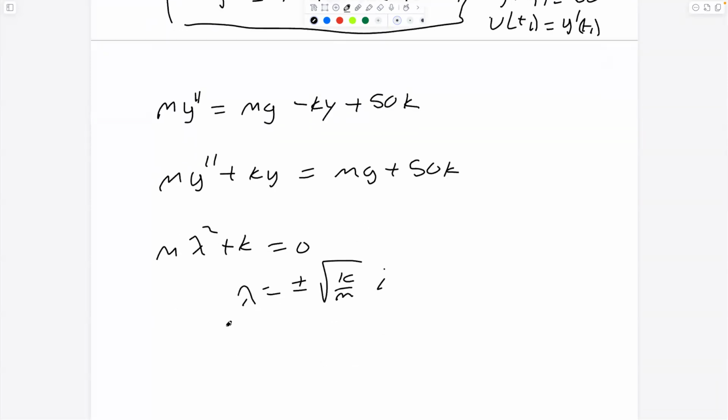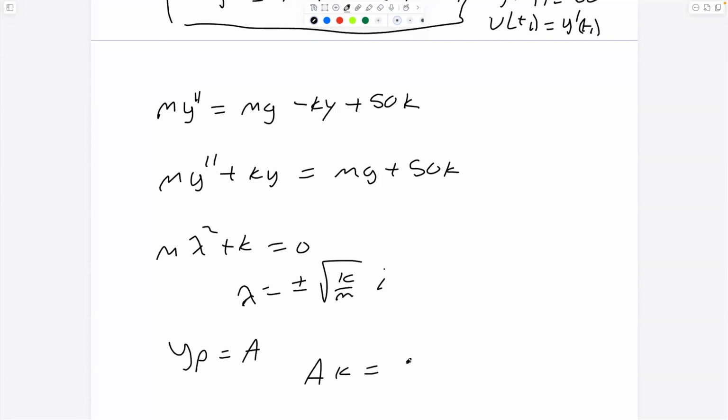Then we assume a particular solution, assume yp equals a constant, some a, and solve for a. Second derivative of a constant is 0, I mean, it's pretty obvious what we're getting. We get ka. Yeah, this is much easier than the other one.